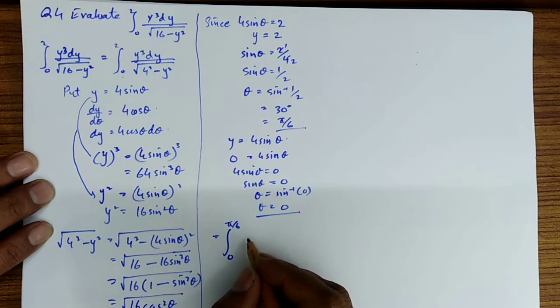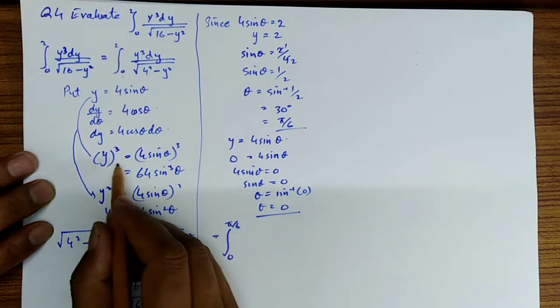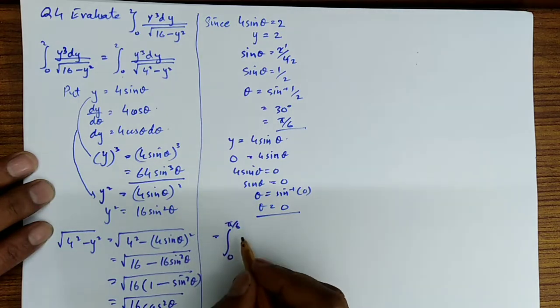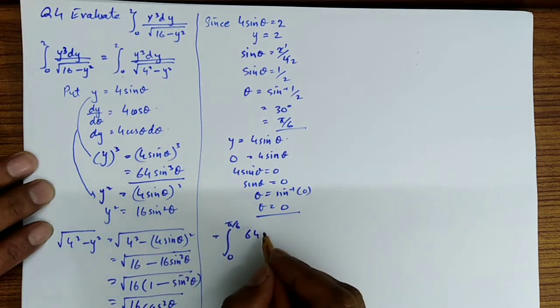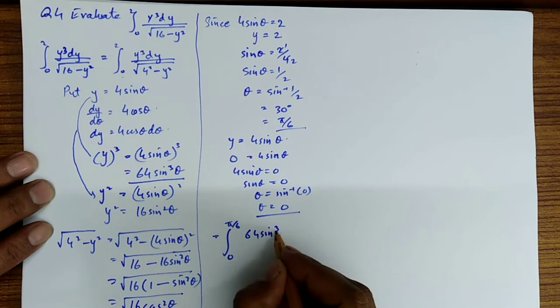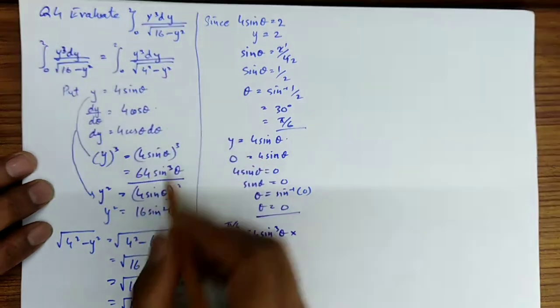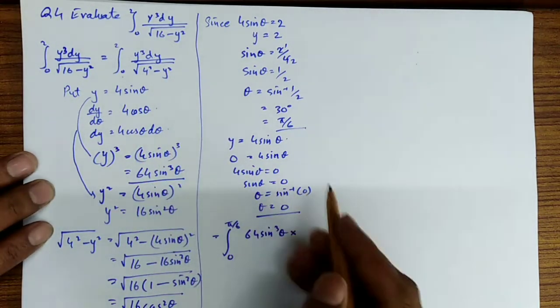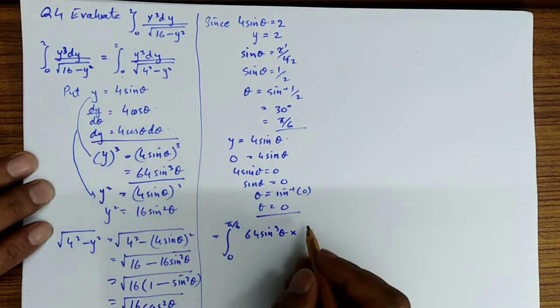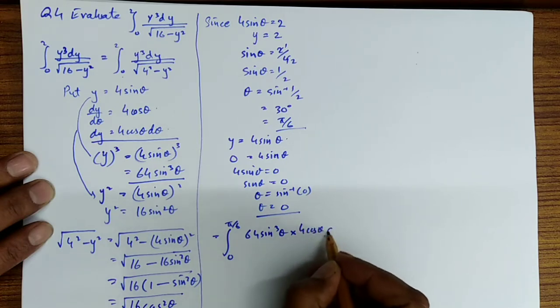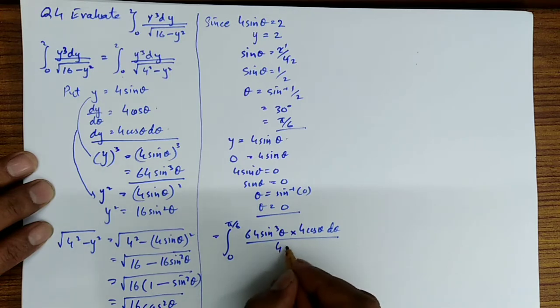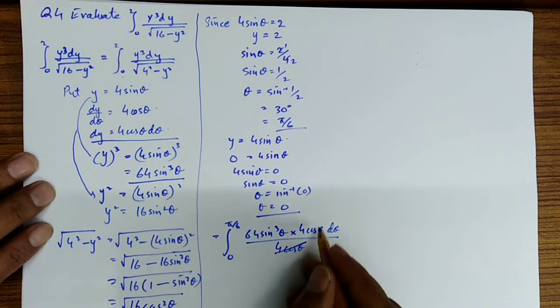And putting in place of all the values, y cube is 64 sine cube of theta multiplied by dy. Dy is 4 cos theta d theta divided by 4 cos theta, and we can cancel out these terms.